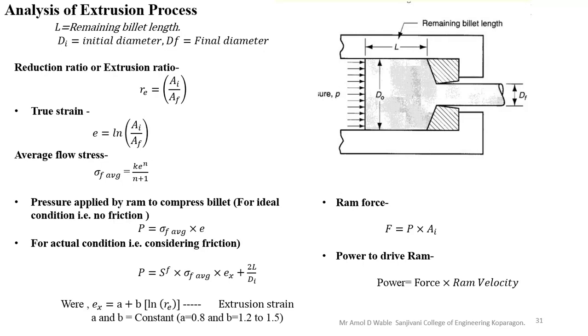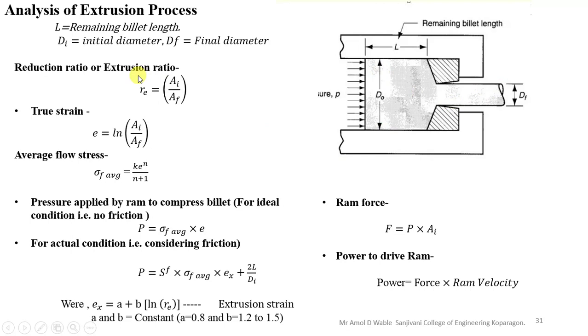Let us see the analysis of the extrusion process. Here is a figure you can see. From this point to this point we call it L, the remaining billet length. This is the initial diameter of the billet. This is the final diameter of your extruded part.